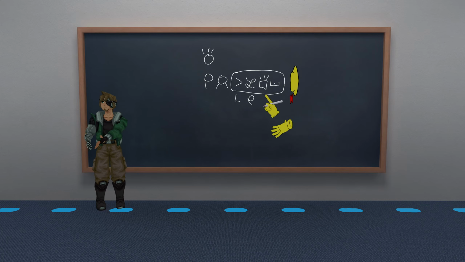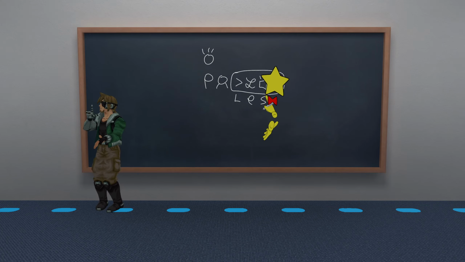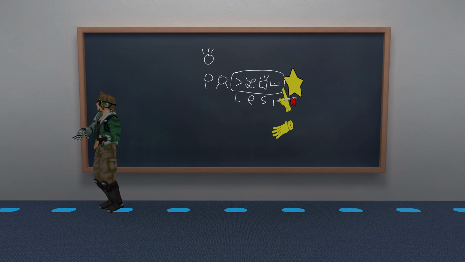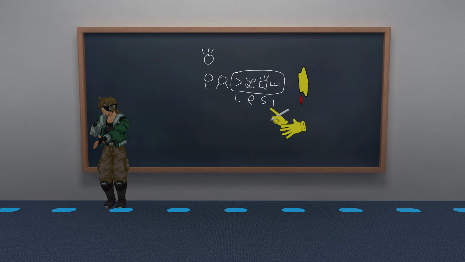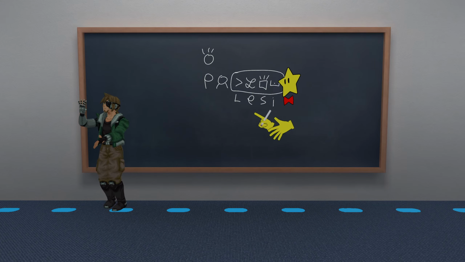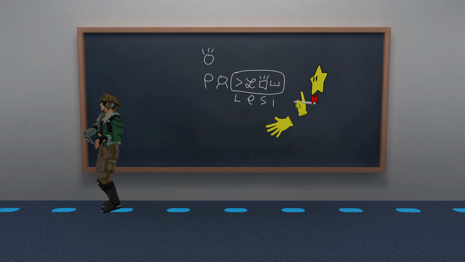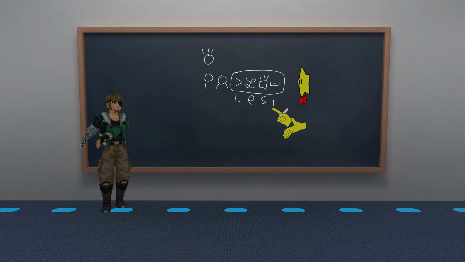It starts with S. And this symbol is insa, and it starts with I. So this sentence is mi yan lesi. That's really all there is to it with names. There are more ways to write names, but if you know this way, you can write any name you want.